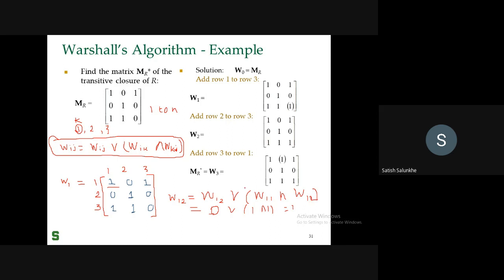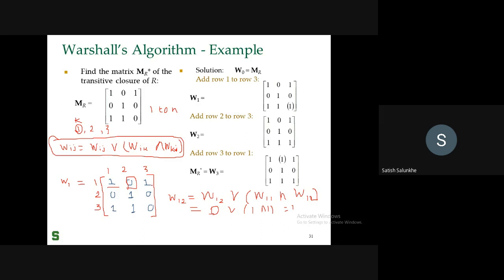So we are talking about now W12, that means this we need to update. How is it going to be updated? Based on W11 and W12. So what is 1 and 0? It is 0. 0 or 0 is 0. So it will remain as it is.